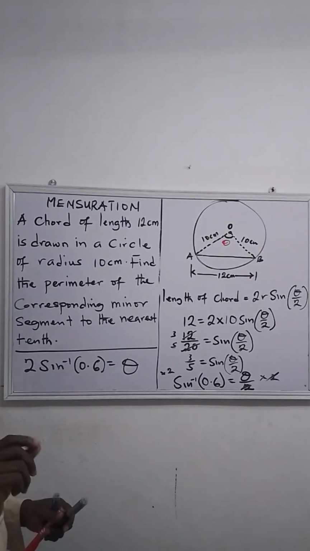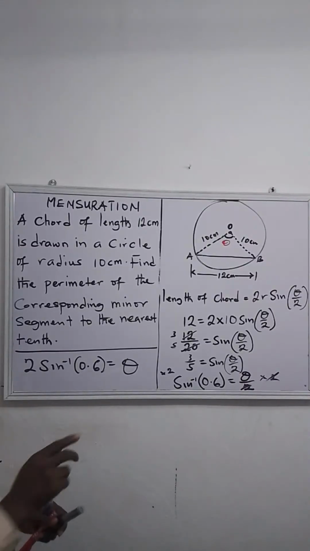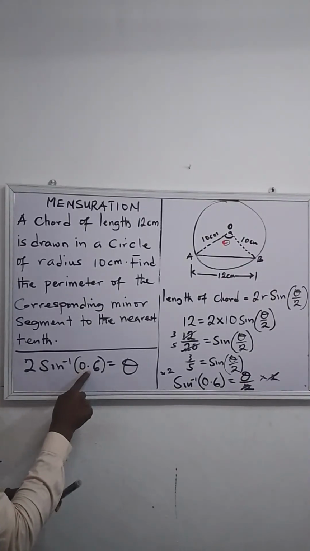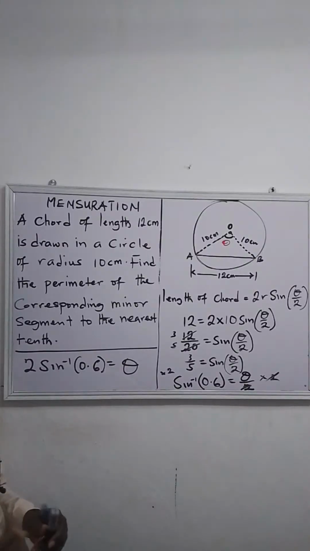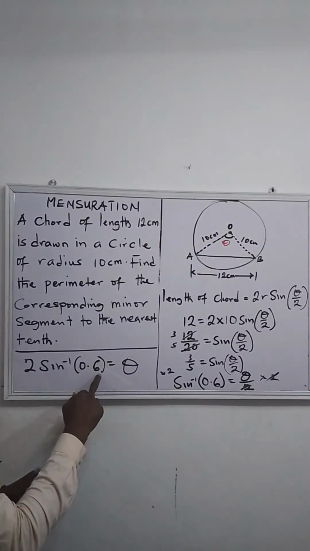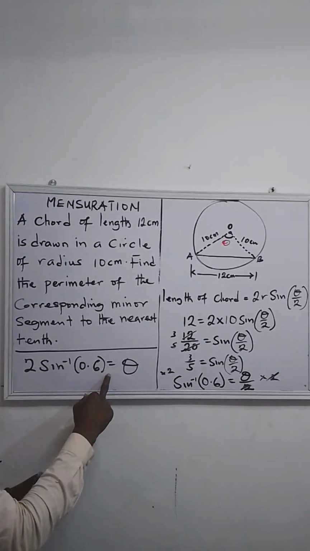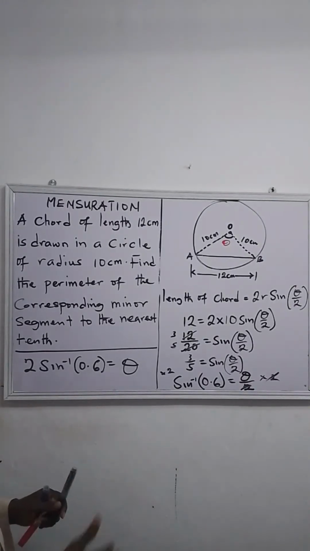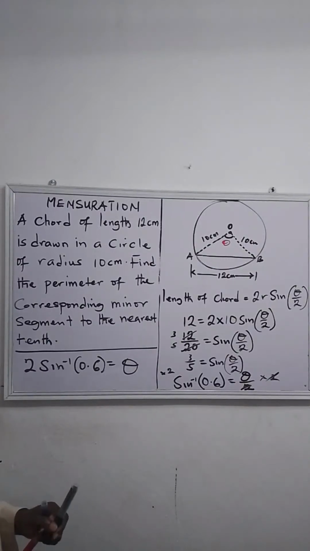You just press shift, sine, and then you punch 0.6, or you check your four-figure table and look down where you can see 0.6000, or a number close to it. Can you do that and drop your answer in the comment section? Let's see what you have.